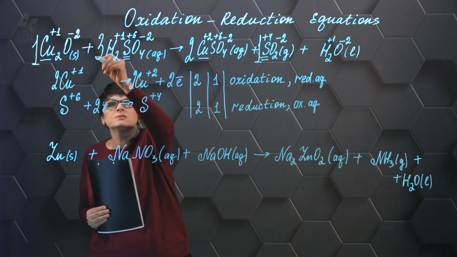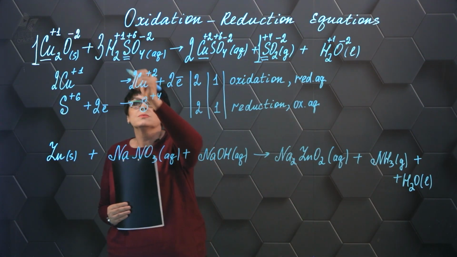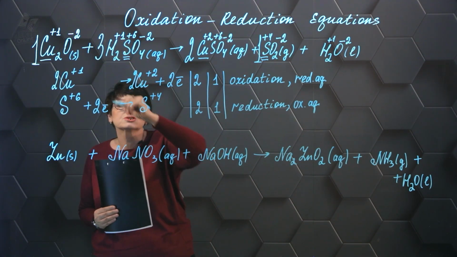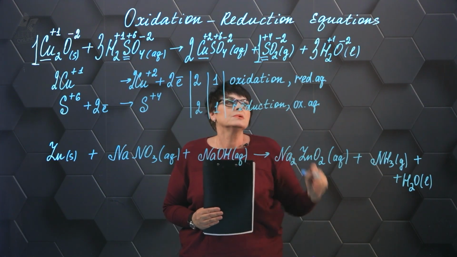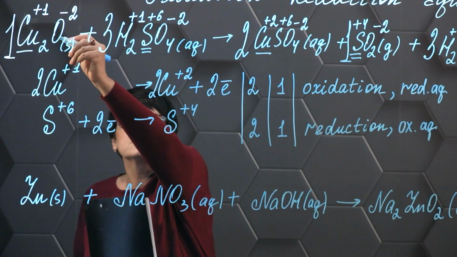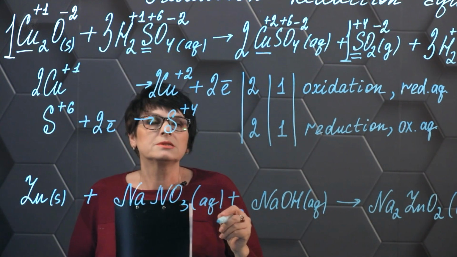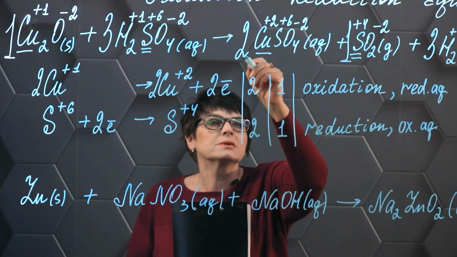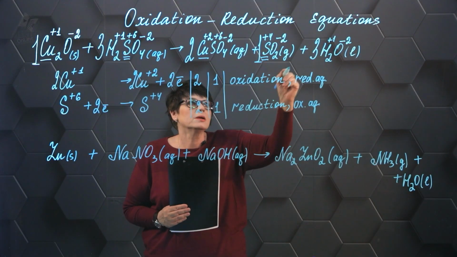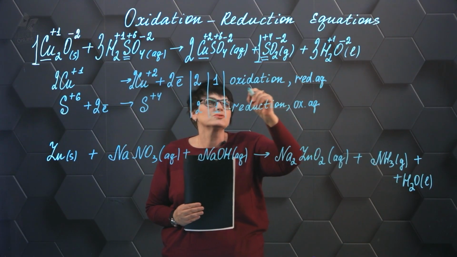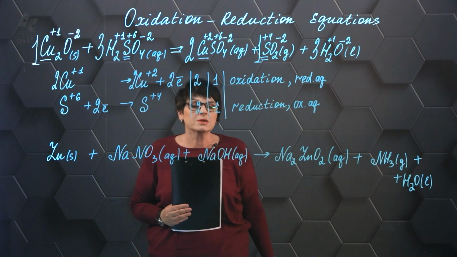We put the coefficient 3 in front of the formula for sulfuric acid. Then hydrogen on the left side is 6, on the right side is 2. We'll put 3. Oxygen here is 1 plus 12, 13. On the right side, that would be 8 plus 2 plus 3. So that's 13. The equation is equated.